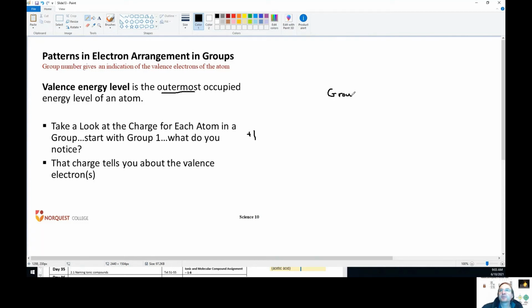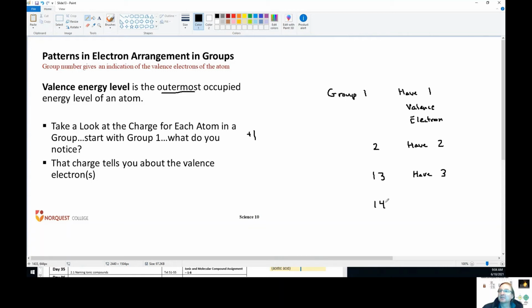So let's put this info down. Group 1 have 1 valence electron. That's a pattern: 1 has 1. Group 2 have 2. Oh, this is interesting, right? Group 13, looking on our periodic table, I know you've got it in front of you, looking at good old boron right at the top, all of those in group 13 have 3.